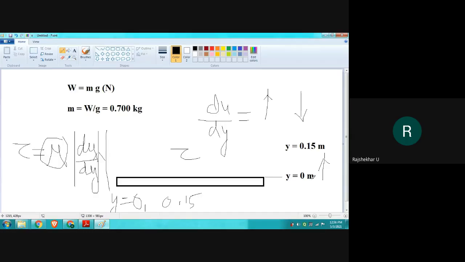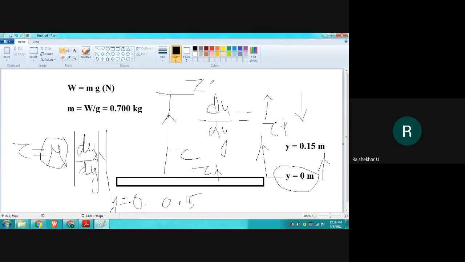So the meaning is that at y is equals to 0, shear stress is more, maximum. As we move away from the plate, shear stress is decreasing. At a particular point away from the wall or plate, this will go to a very minimum value.